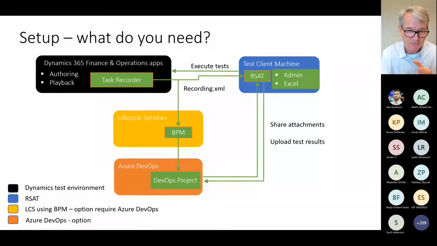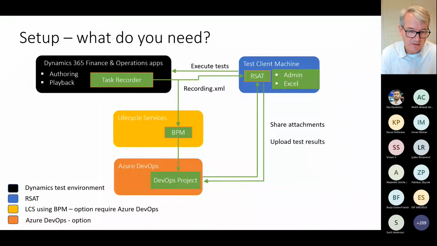That would sync back to DevOps, but then obviously you wouldn't have it available within LCS within the BPM, aligning with the BPM model. So those are the options you can go with.